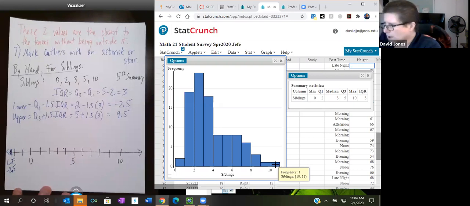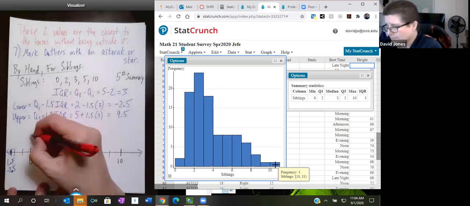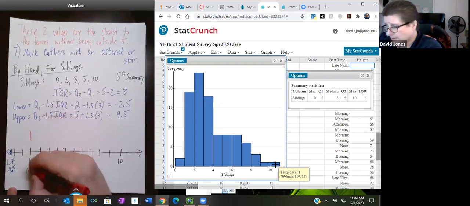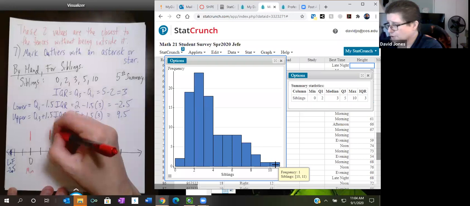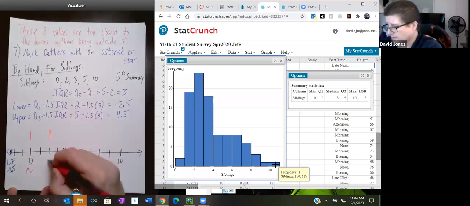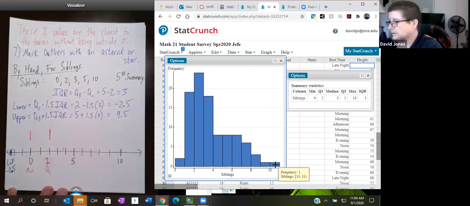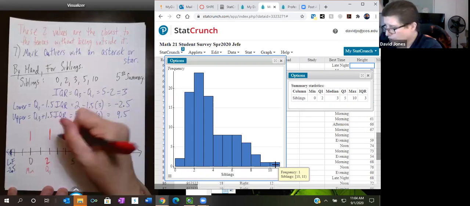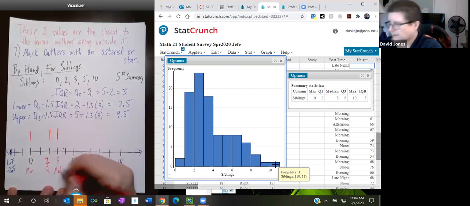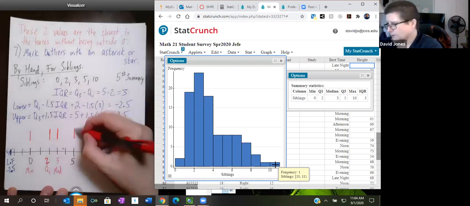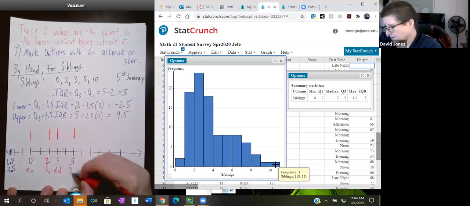We will draw a vertical line at the min, Q1, which was at 2. The median is 3, and 5 is Q3.